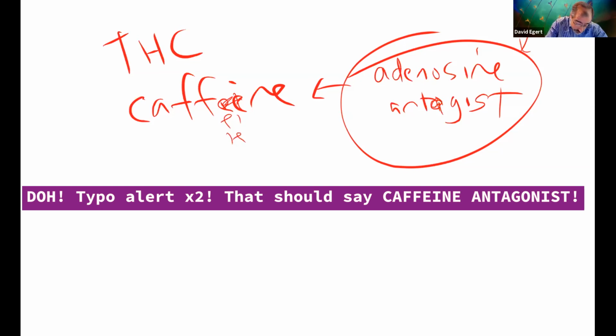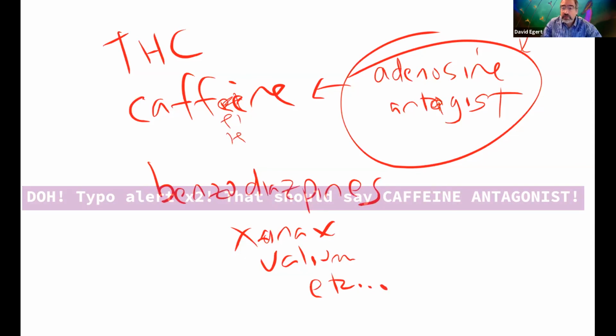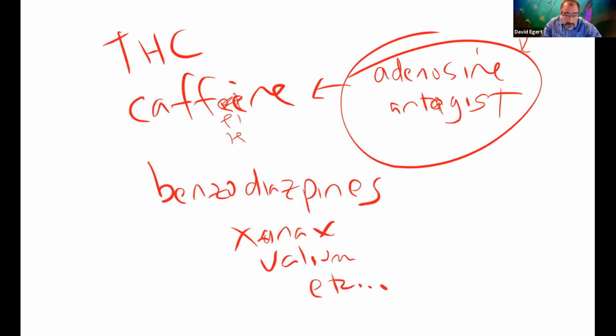Which other ones? Benzodiazepines. These are like Xanax, Valium, etc. These are something a little different. These things will actually bind, but they don't bind at normal receptor sites. They actually change the behavior of different channels.